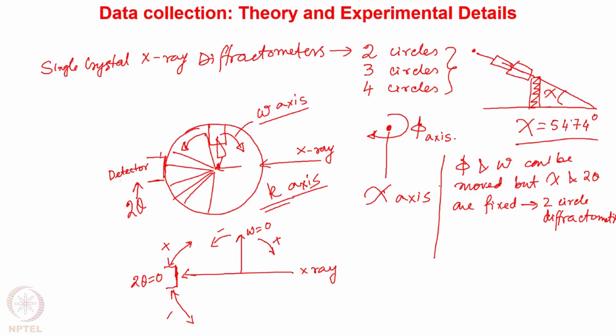The diffractometer in which one can change phi, omega, and 2 theta is called a three-circle diffractometer.